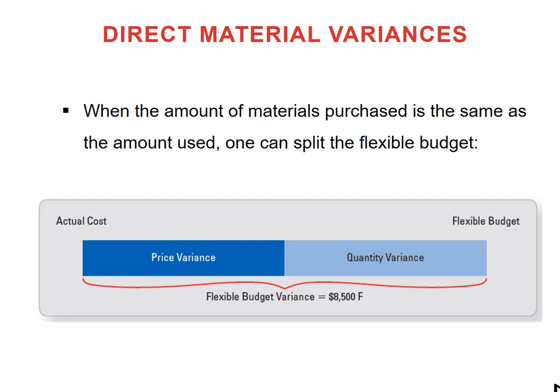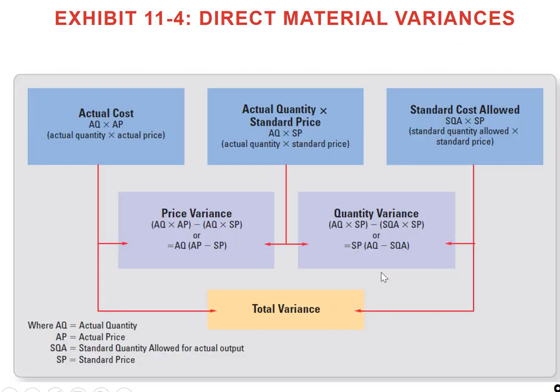That means the direct material variance could occur either because of your price variance of your direct material or the quantity variance of your direct material. So we will figure out all those variances. So let's investigate the direct material variances a little more deeply.